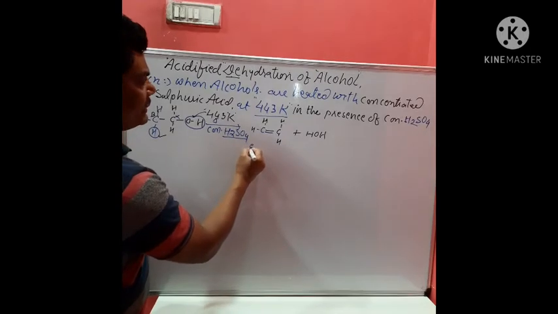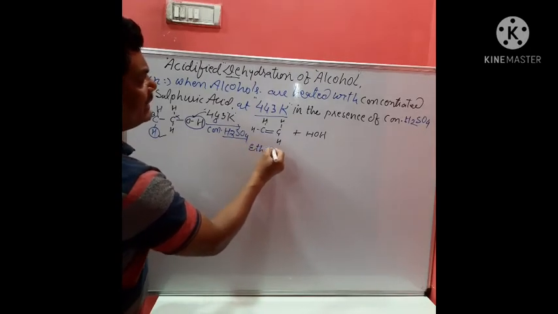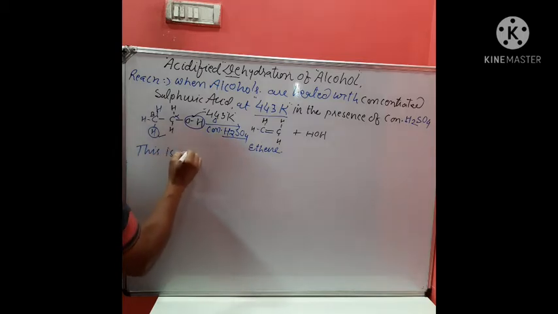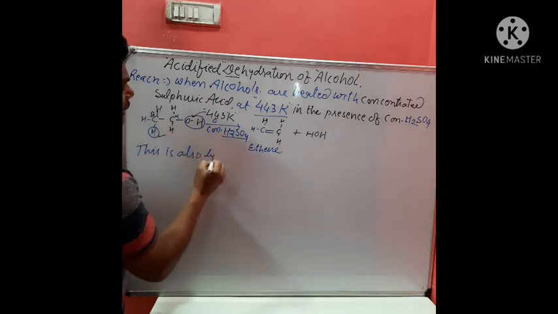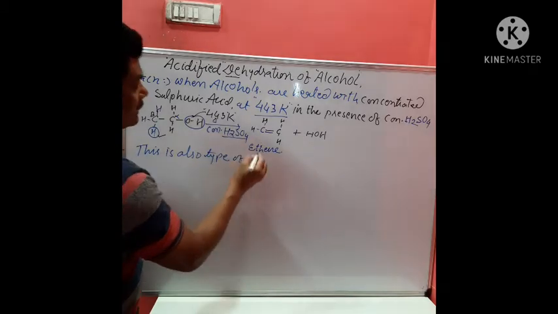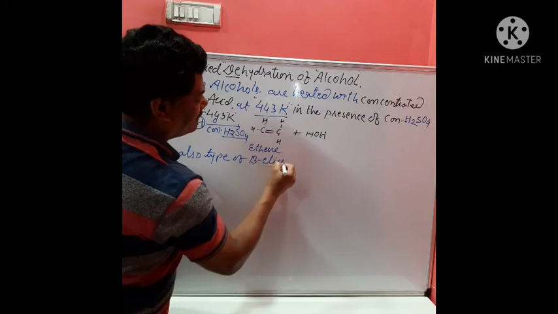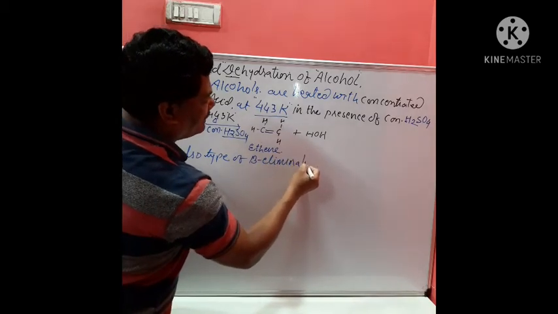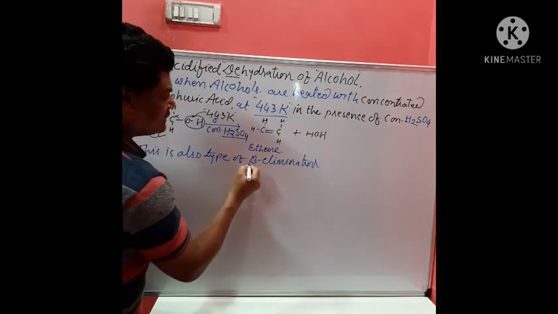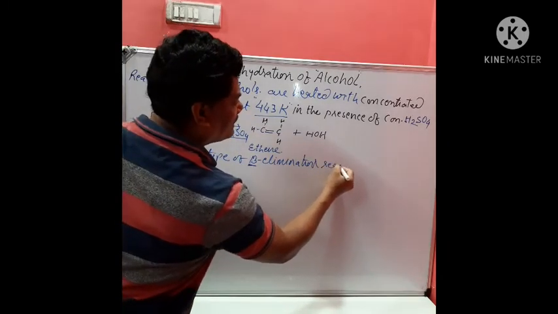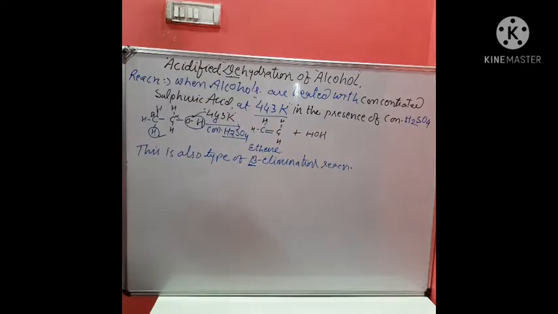So the formation of ethene, or you can say alkene, takes place in this reaction. This is also a type of beta elimination reaction. Why are we calling it beta elimination? Because the hydrogen eliminates from the beta position.